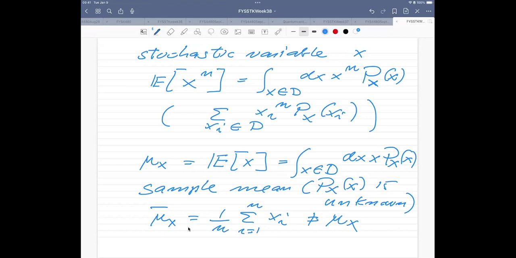Now, there is a theorem which is called Bernoulli's law of large numbers, which says that in the limit where n goes to infinity, you are going to approach the true mean value. Have you heard about Bernoulli's law of large numbers? That's one of these famous laws which you use in statistics.